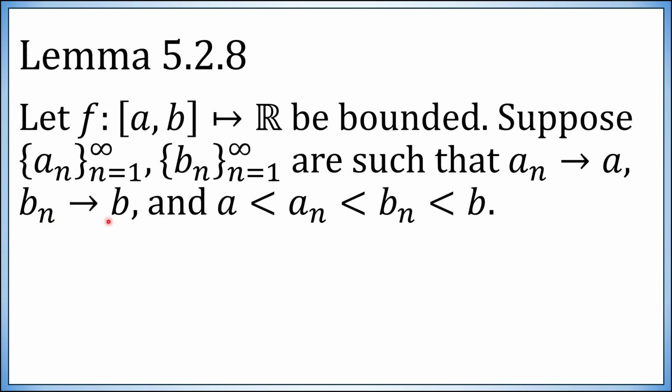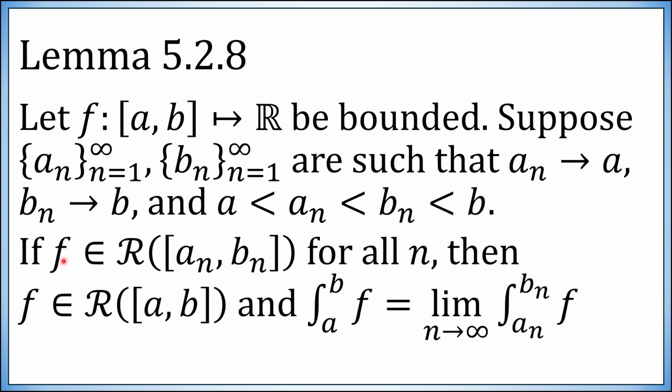And the b_n's are converging to b, again, not necessarily increasing, but converging to it and always less than. Now, if f can be integrated on each of these intervals, then f can be integrated overall from a to b, and the value of the integral from a to b is the limit of the value of the integrals from a_n to b_n.